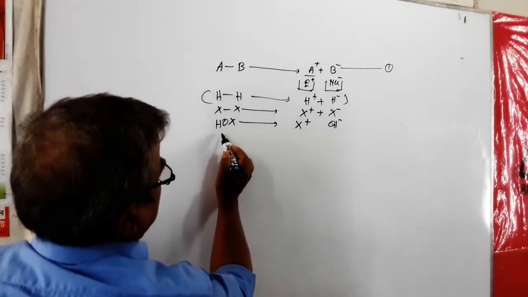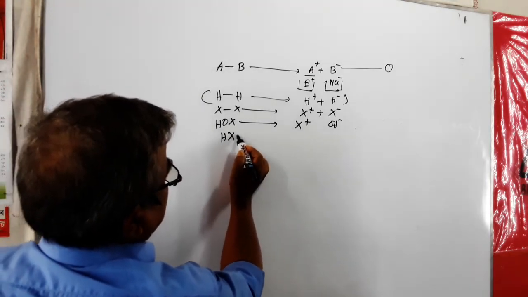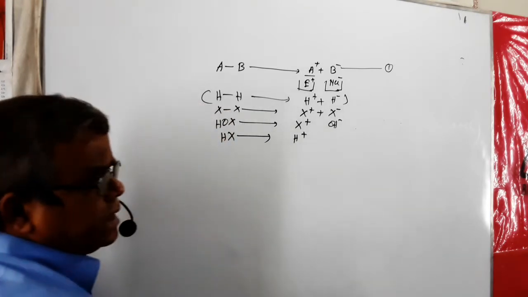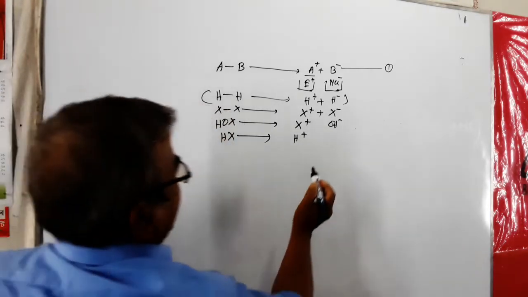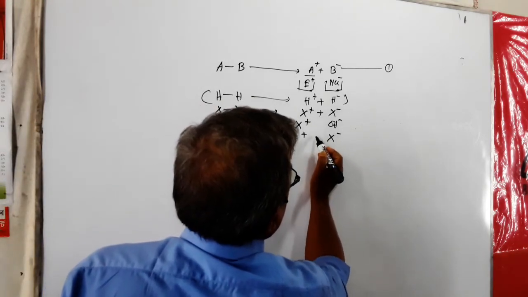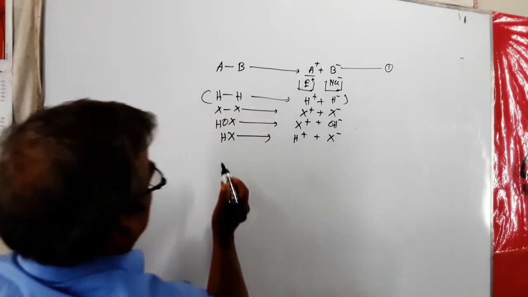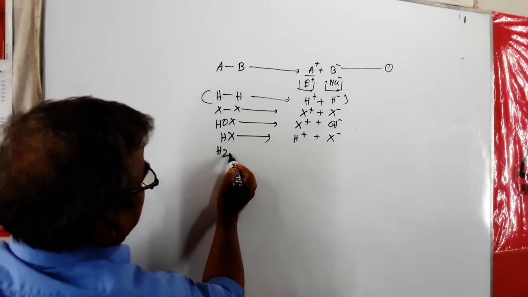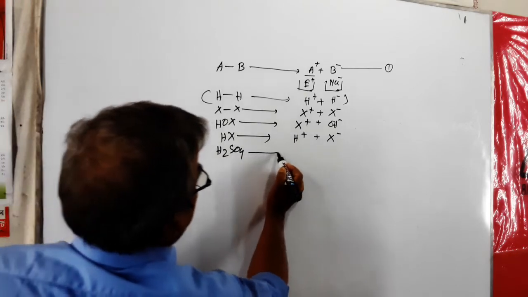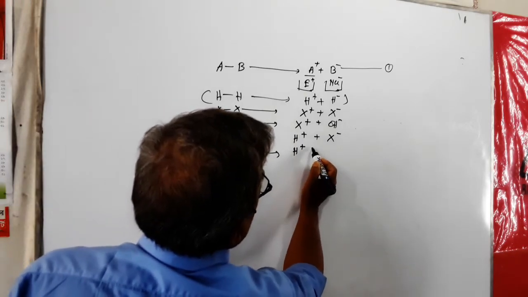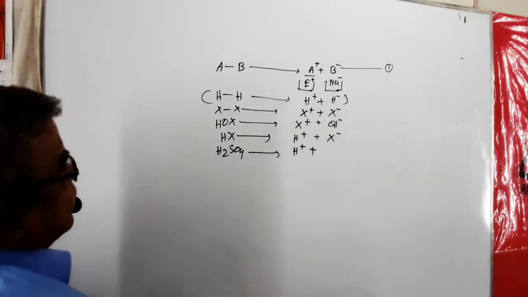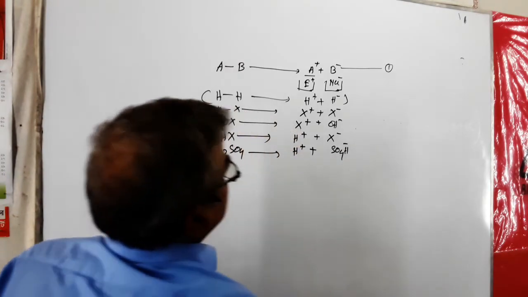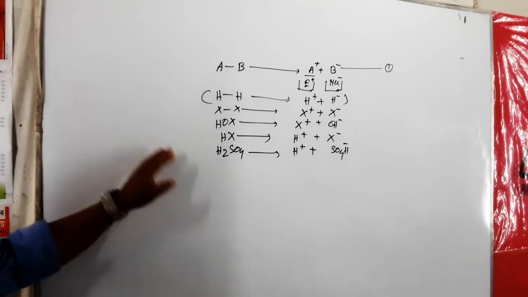If it is HCl, HX, halogen acid, then hydrogen plus will be electrophile and halide will be nucleophile. If we take concentrated sulfuric acid, then hydrogen proton will be electrophile and bisulfate will be nucleophile, and so on.